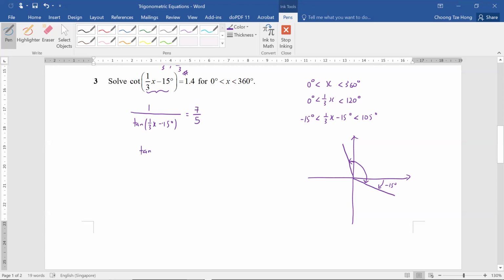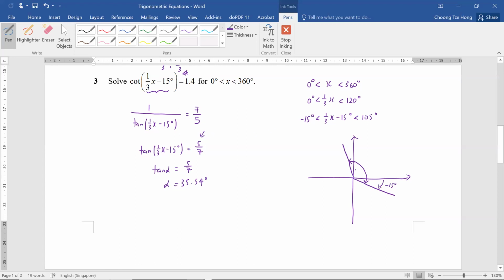If 1 over tangent is 7 over 5, then tangent of (1/3 x minus 15 degrees) will be 5 over 7. Then same thing, we find the basic angle. Tangent inverse 5 over 7, you should get the basic angle to be 35.54 degrees.